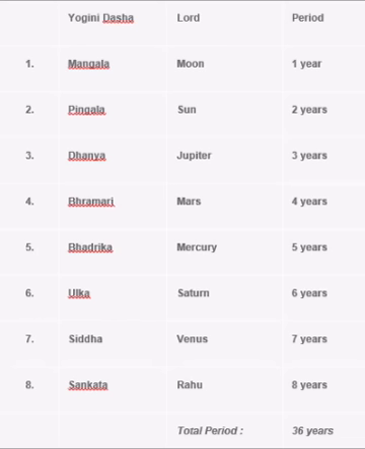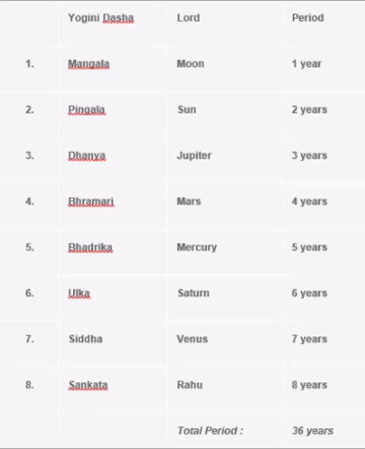This is how the Yogini Dasha is calculated based on the principle which you see up on the screen. Instead of 120 years, it is 36 years. This is the period assigned to the respective planets, and the sequence of the planets is also different if you compare it with the sequence of the Vimshottari Dasha.